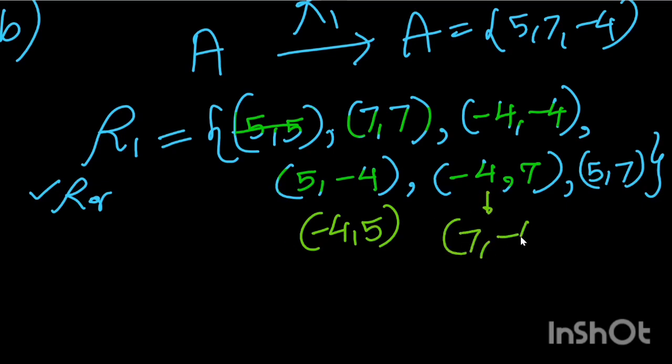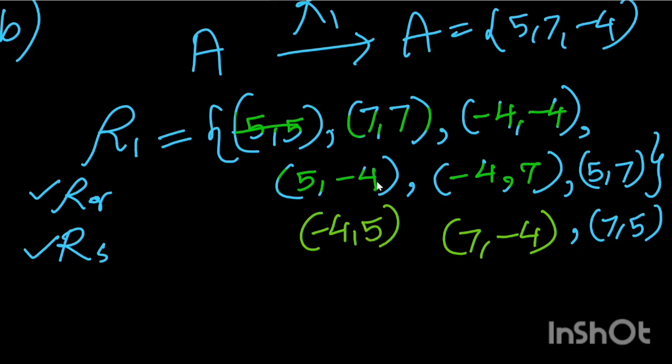So 7 comma minus 4, I have also added here to make it symmetric. First of all, equivalence we will see. Here 7 minus 4 is met, minus 4, 5. Now for 5, 7, I will also add 7 comma 5 here. Now symmetricity is met.